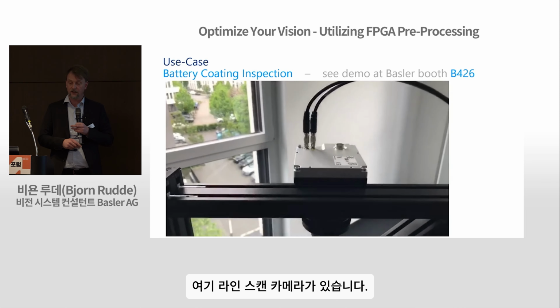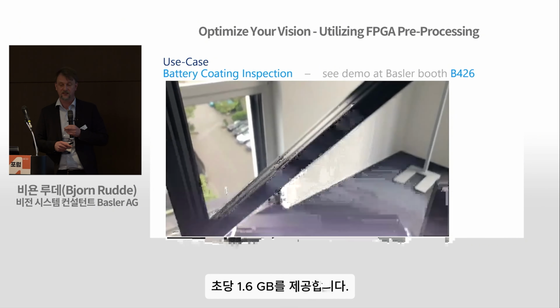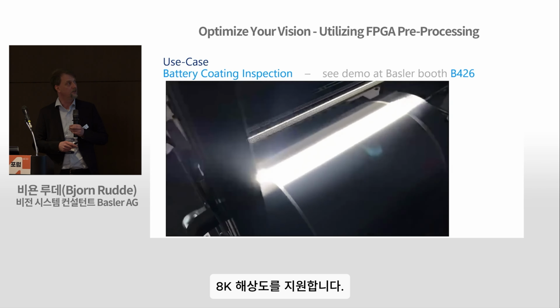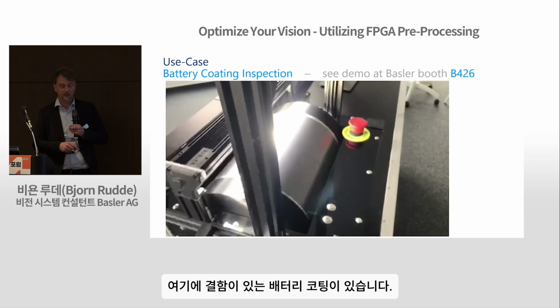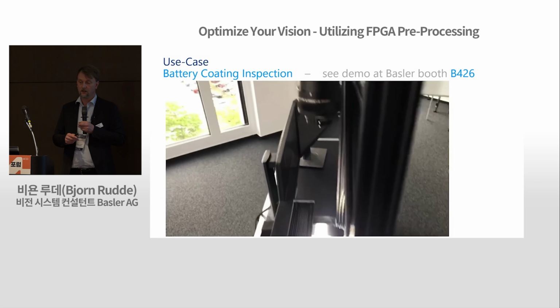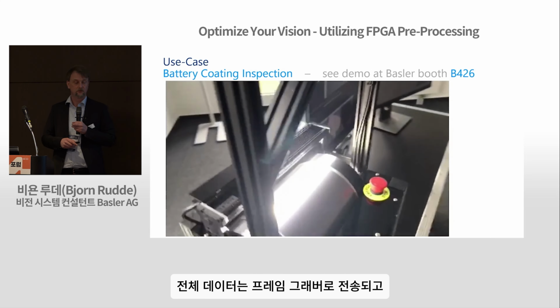So here you see a line scan camera, one of these line scan cameras delivering 1.6 gigabytes per second at 200 kilohertz line rate and 8K resolution. Here we have some sketched battery coating defects that are transferred in full data into the frame grabber.